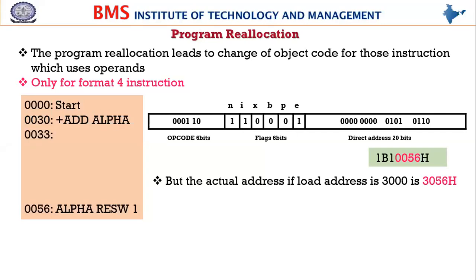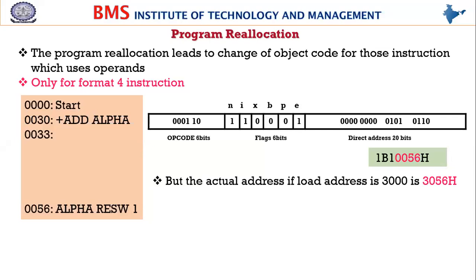Now the question is how does the loader know which instruction needs to be changed and which byte of this instruction is supposed to be changed? I don't need to change anything in the object code of add alpha up to the opcode and the flag bits. Only the 20 bits of address are supposed to be changed.